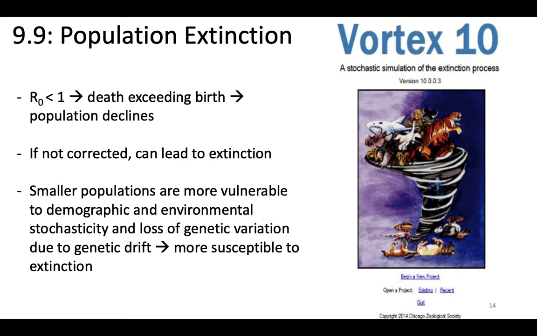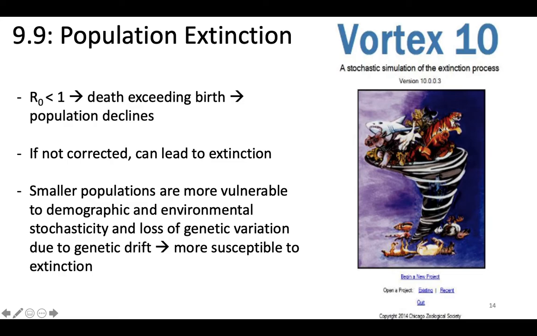The larger the population, if you're taking out a subpopulation of that randomly, that's going to have less of an effect on the population, the bigger it is. But if the subsample you take out of a small population happens to be half of the population, it can have really dramatic effects. So it can happen through genetic drift or through demographic or environmental stochasticity, and that just makes smaller populations more susceptible to extinction.